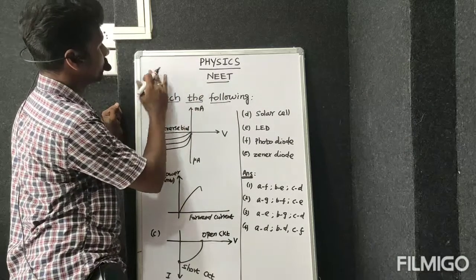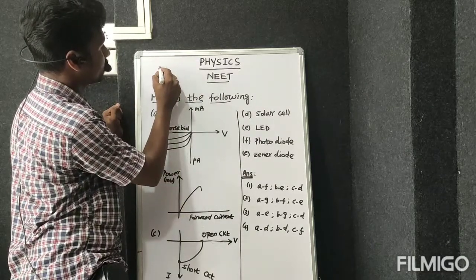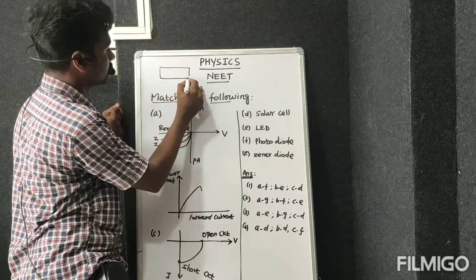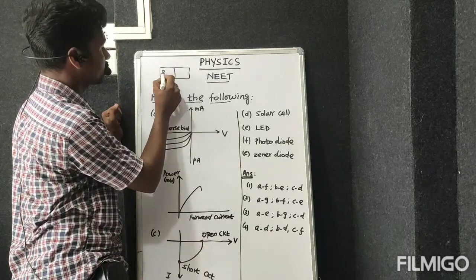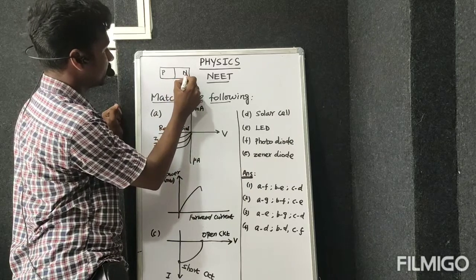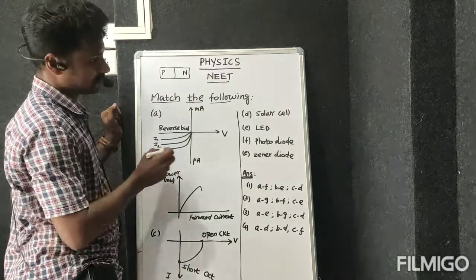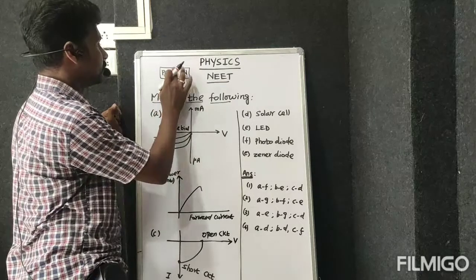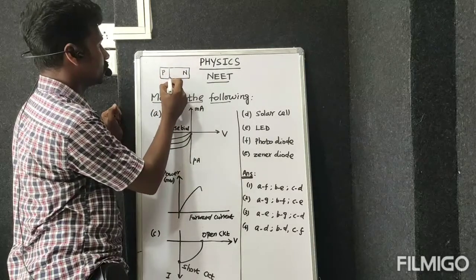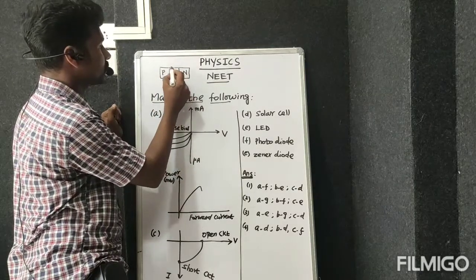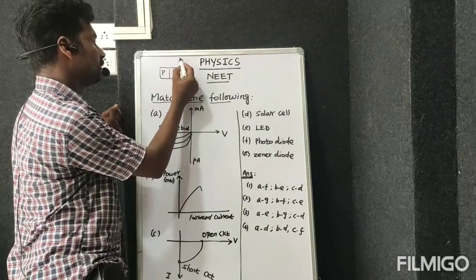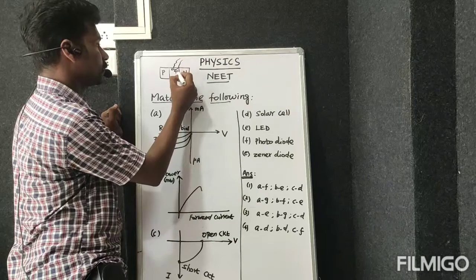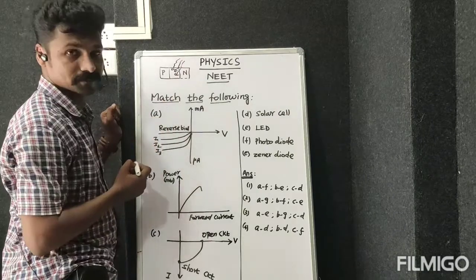So please listen. We know that it is a diode. In this diode, you know there is a P region and N region. But in the photodiode, in the center part, one transparent window is there. In that transparent window, the light will be falling on the diode.